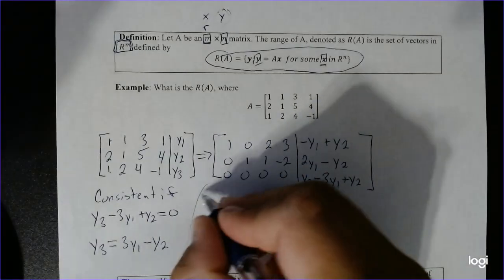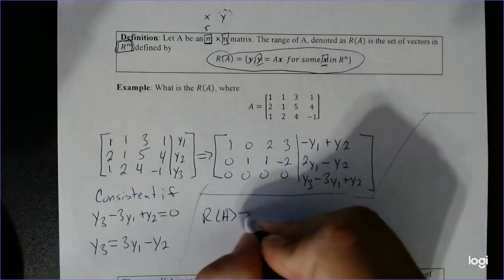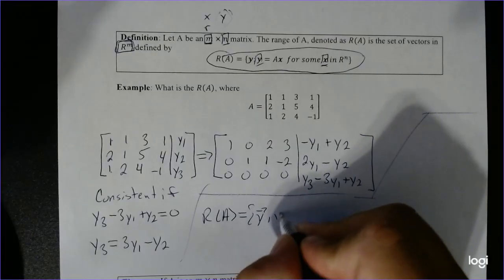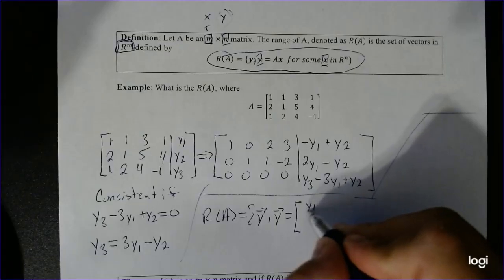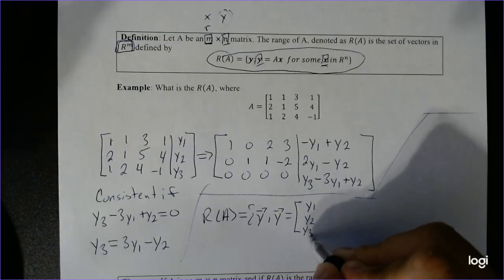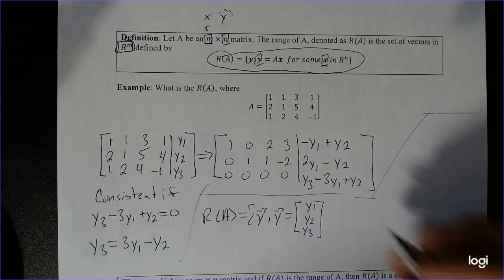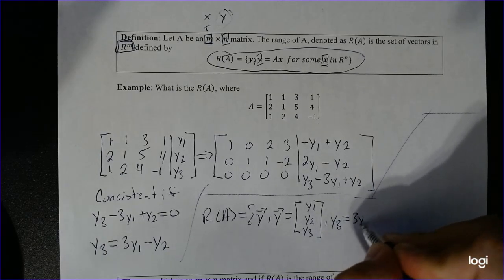So again, now we just define or describe what a range is. So the range of A, in this case, will be all y vectors such that y3 has this condition.